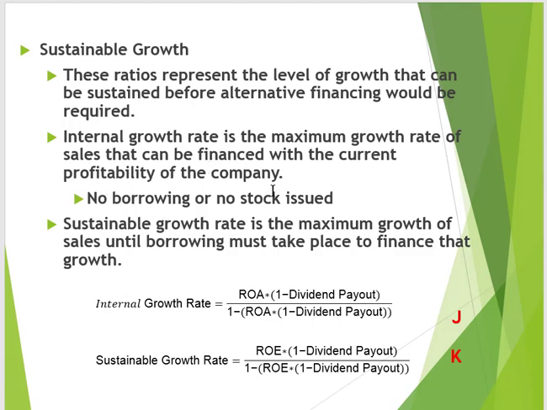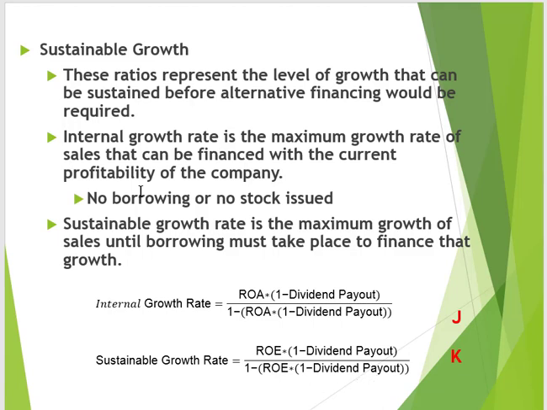So that means there's no borrowing and no stock is going to be issued to cover this growth rate. That's this internal growth rate here. Sustainable growth rate is the maximum sales growth rate that can be financed before outside financing has to be utilized. So that's ROE divided by ROE minus the dividend payout ratio.